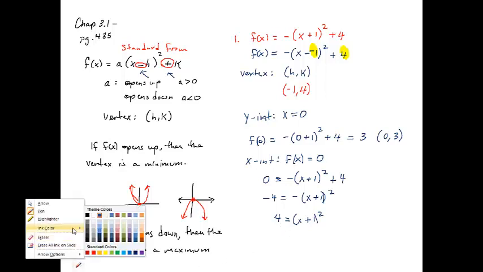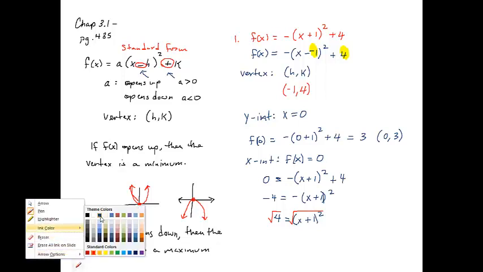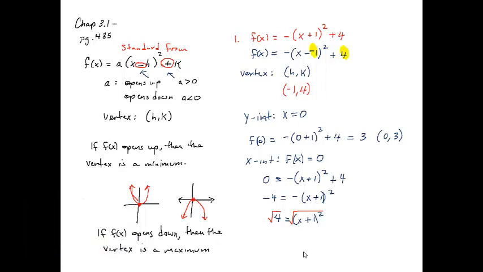And this is the most important part. When you literally are writing the square root, there are two answers, a positive and a negative. If I walk up to you and say, what is the square root of 4? Then it's 2. But if you literally say, I am going to take the square root myself, then it's two answers, the plus and the minus. So plus or minus 2 equals, well, the square and the square root cancel each other out, x plus 1.